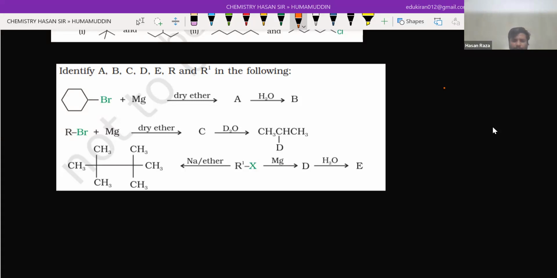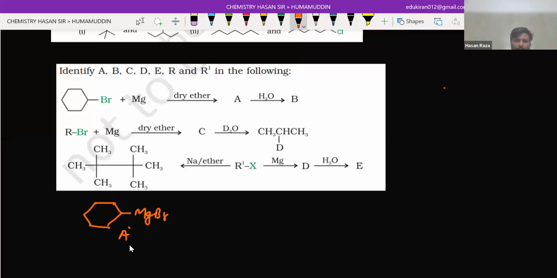Austin and Humam, any answer? Okay, I'm going to explain. Very easy it is. First of all, this is for Grignard. So A will be MgBr, this one.